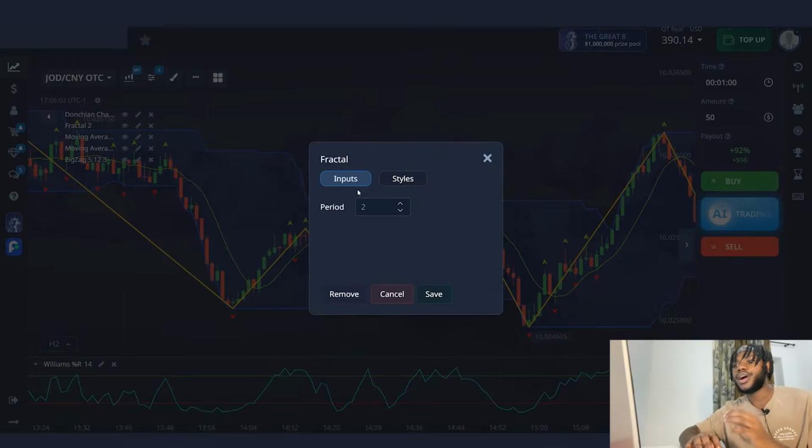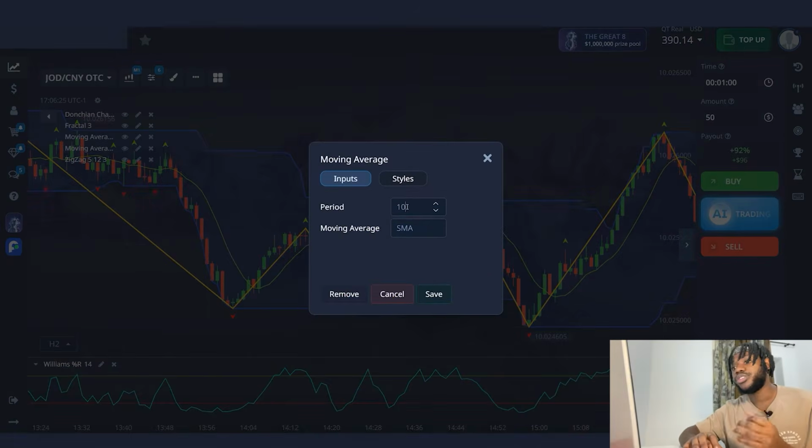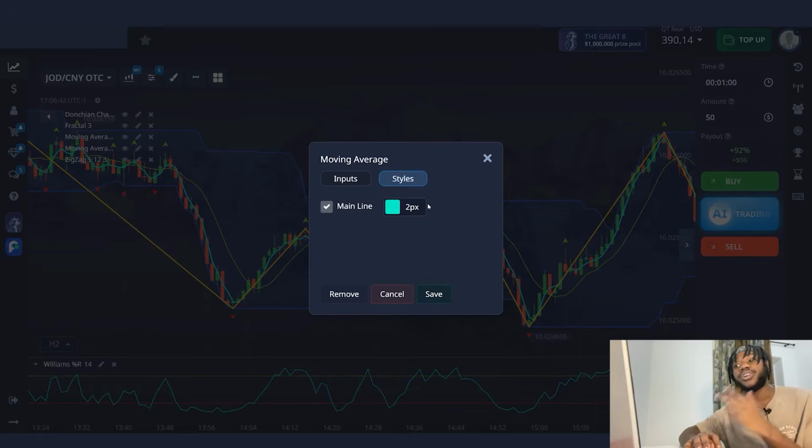Okay, good. Now I'm going to change the period of the fractal indicator from 2 to 3. Alright. Now the first moving average will have a period of 3. I'll leave the SMA type. I will change the color of the indicator line to turquoise and increase the thickness.